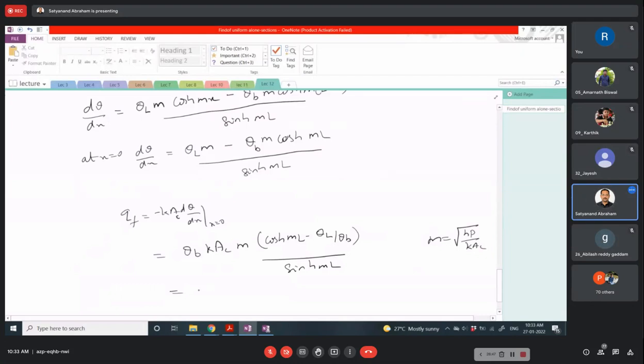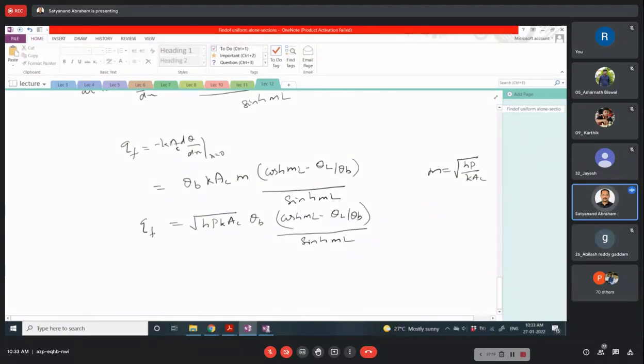So we can write root of hP kA_c into θ_B into cos h mL minus θ_L by θ_B, divided by sin h mL. So this is the total heat transferred from the fin with the prescribed temperature at the end. We can call it equation 48.